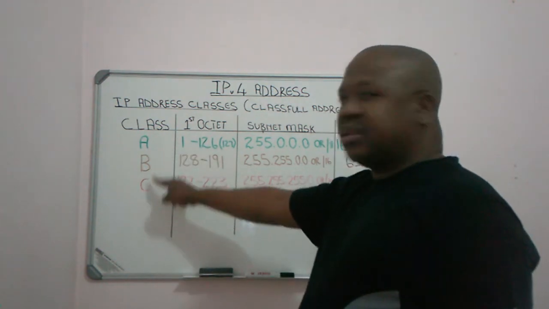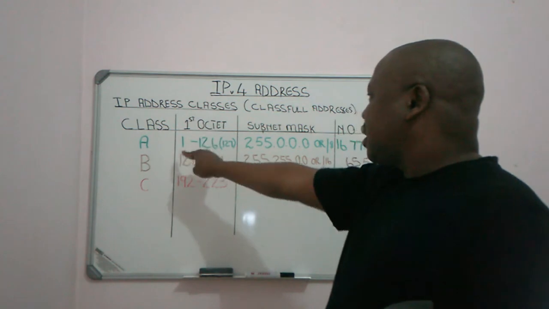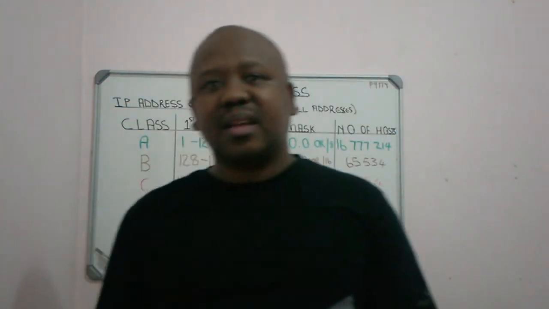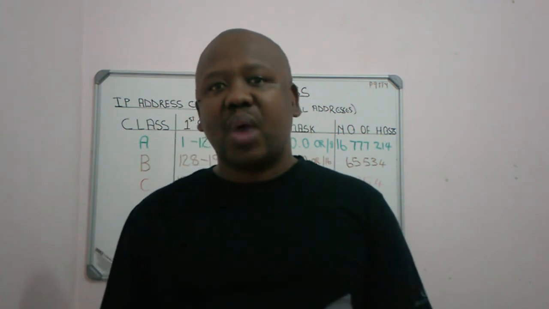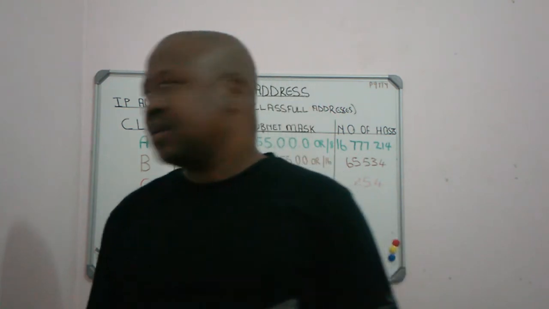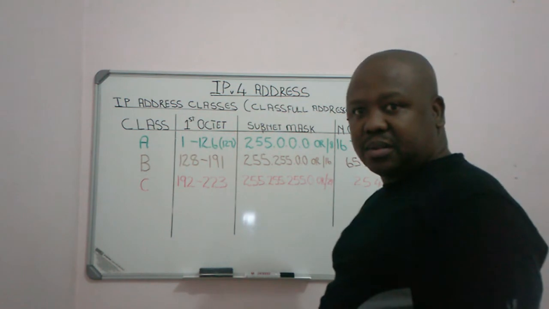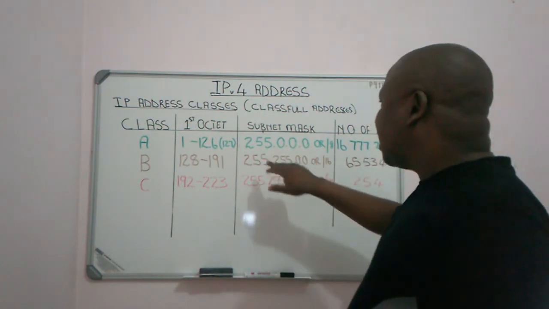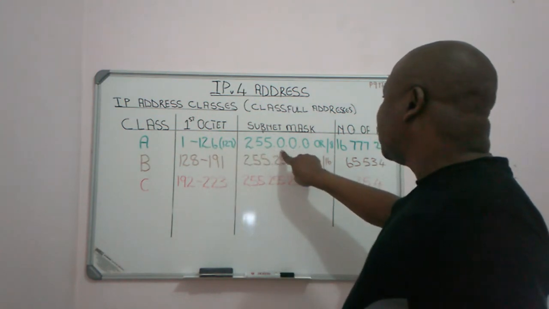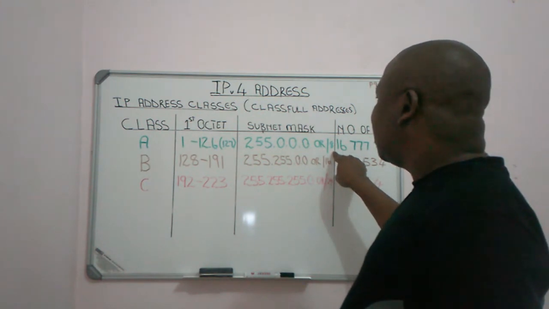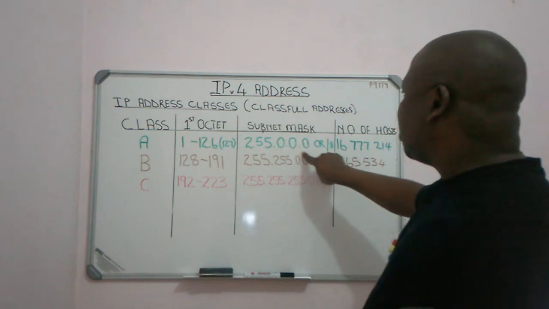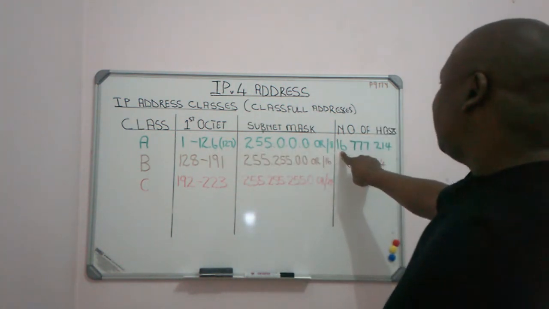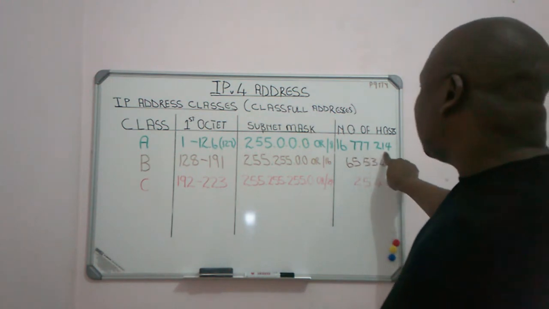We have class A, B, and C. Class A, the first octet is 1 to 126, meaning if you see an IP address that starts with a number between 1 and 126, know that it is a class A. And in the olden days, before CIDR, classless interdomain routing, was introduced, the subnet mask for class A was 255.0.0.0/8, meaning 255 is our network and zeros are our host. And class A has 16,777,214 hosts.